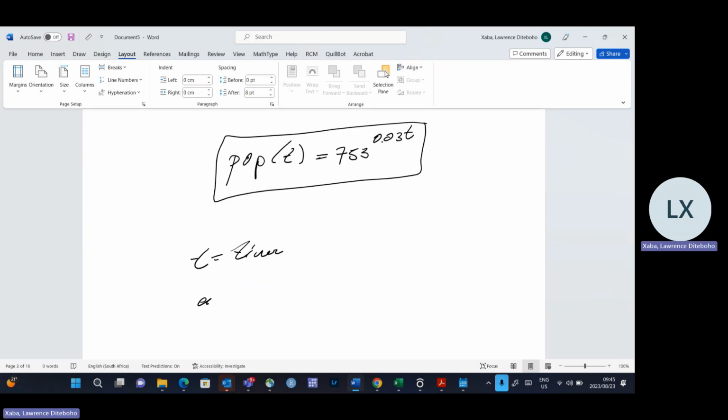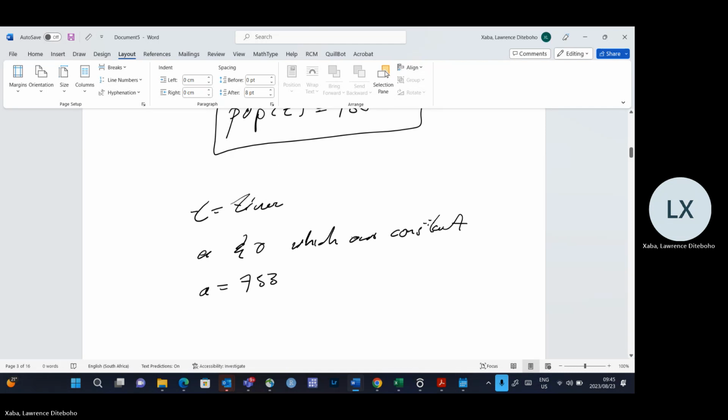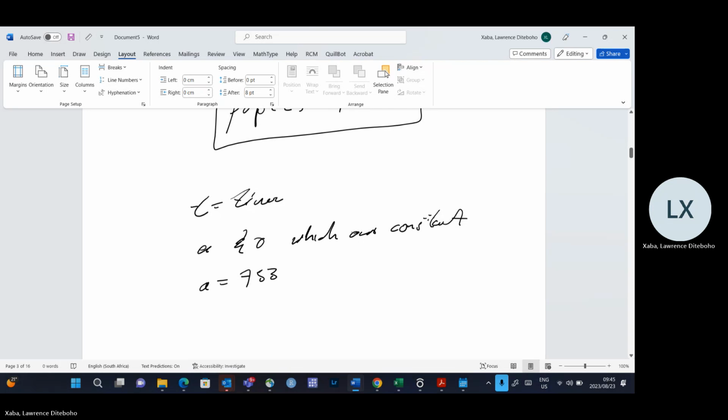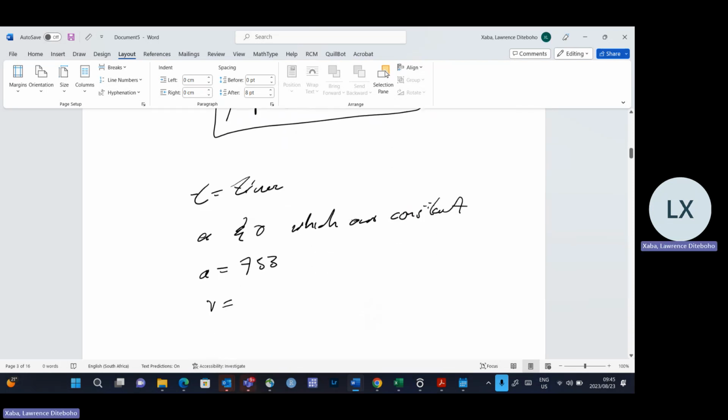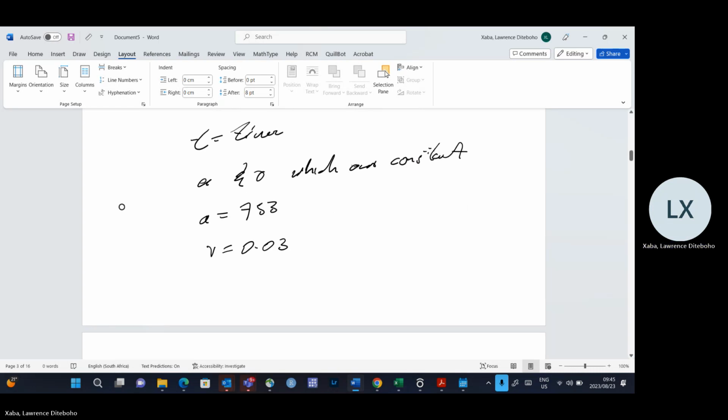And we have a and r, which are our constants. Then a is 753 and r in this case is equal to 0.03. So that is our r.